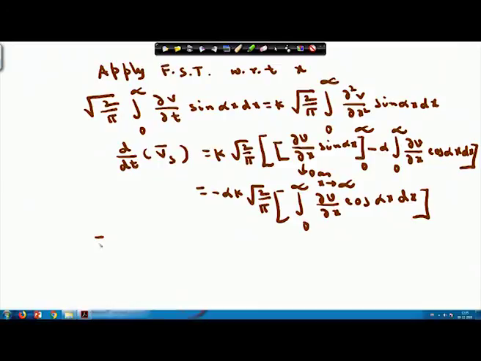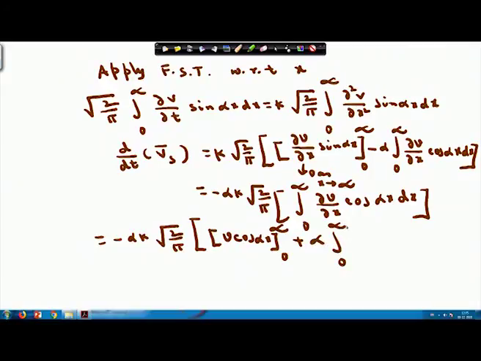If you evaluate this integral, minus alpha k into root over 2 by pi, you will obtain v into cos of alpha x from 0 to infinity plus alpha times the integral 0 to infinity of v sine of alpha x dx. This first part again will vanish.